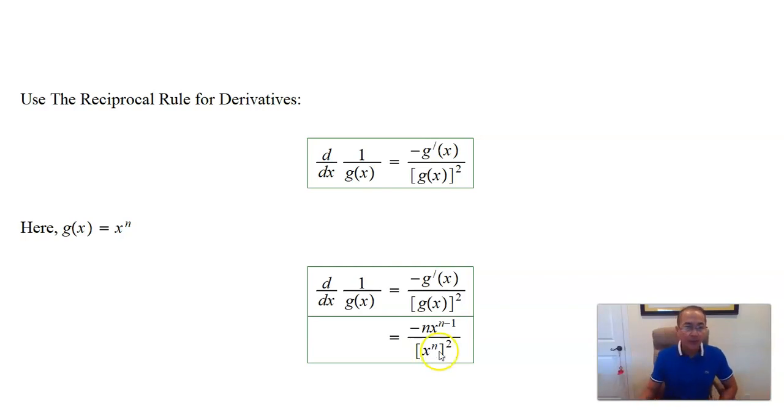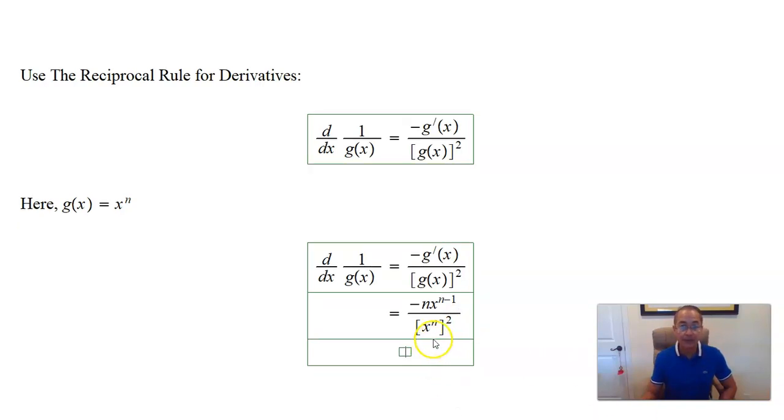I hope you remember your rules for exponents. If you have x to the n squared, what do we do with the powers? We multiply them together. So we get n times 2, or better yet, 2 times n. So let's copy this over here. We have x to the power 2 times n. Let's erase that.